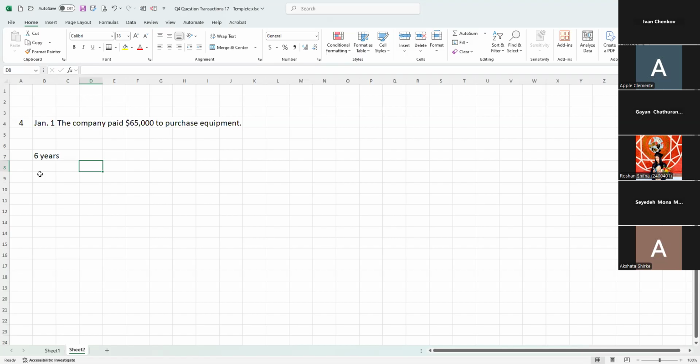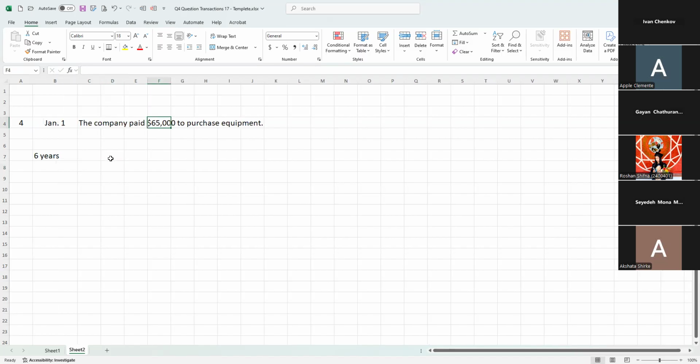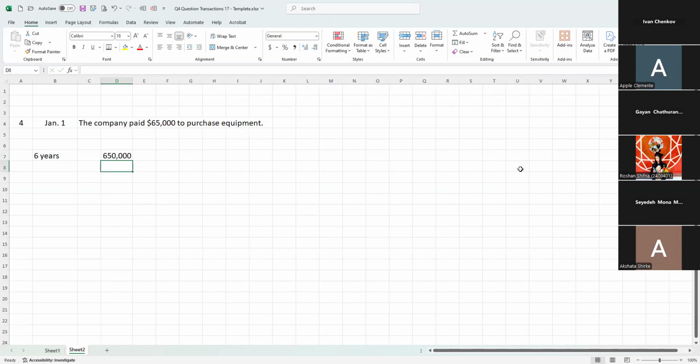The question is, how am I going to get the amount of the expenses for that equipment? Well, if I have 6 years to use this equipment, which cost me $65,000, what am I going to do? I'm going to prorate those $65,000 over 6 years. So what am I going to get? 65,000 divided by 6.